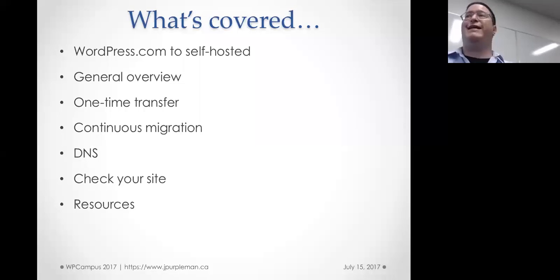I'm going to talk about DNS a bit. After the migration is done, as part of the migration, how do we handle DNS? I'm going to talk about checking your site and how you can fix your issues post-migration, and actually know how it's going to go. And of course, I'll give you a couple of resources at the end. So far so good?